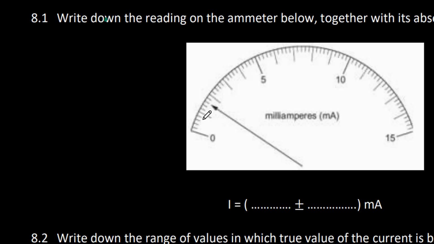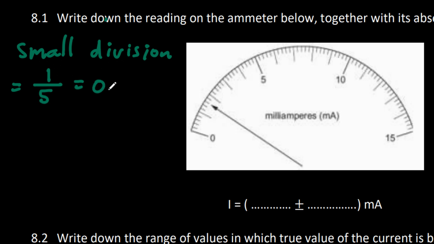So we first want to get the value of a small division, which will be the smallest division on this ammeter. So one small division will represent 1 divided by 5, which is 0.2 milliamps.